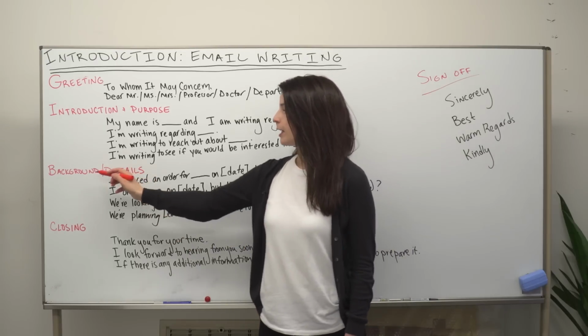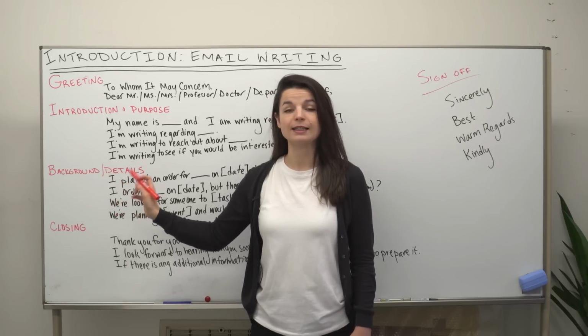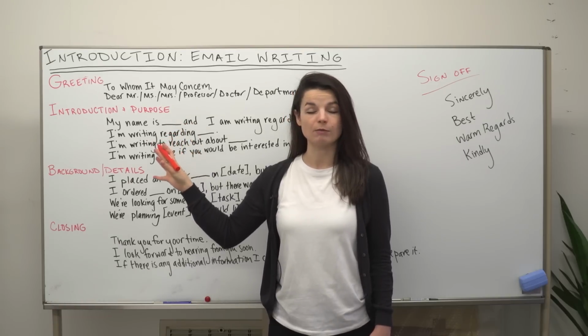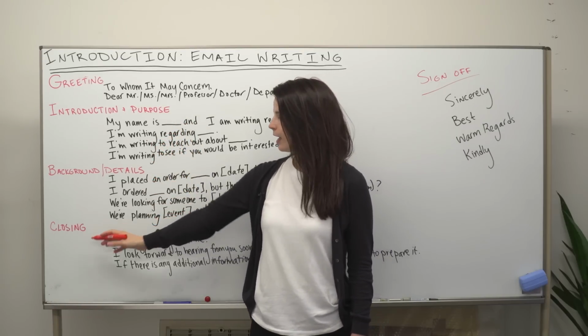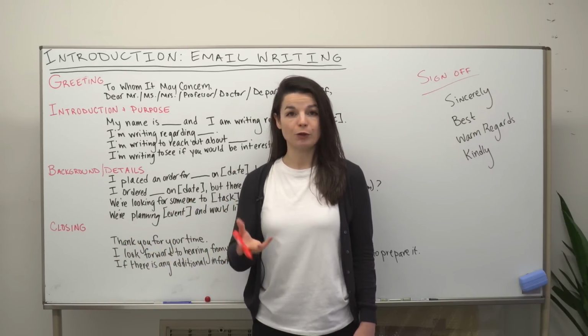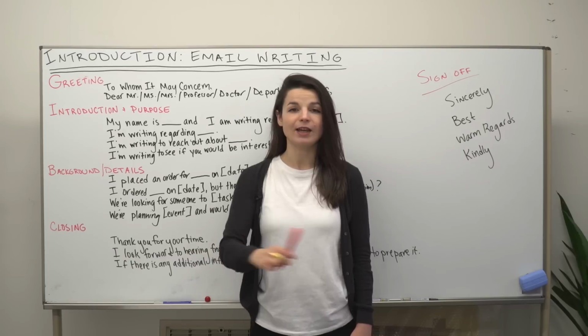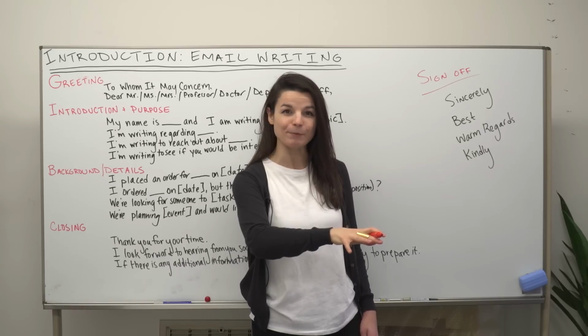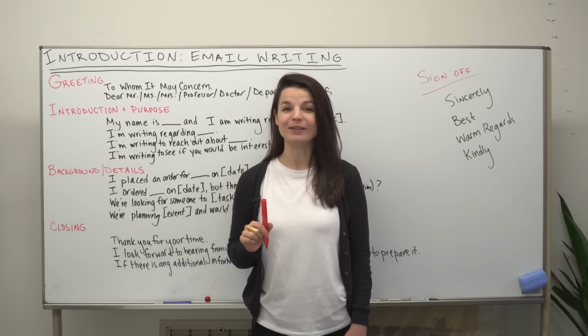Following that will be any background information or any details you need to provide to make the purpose of your email clear. Following that, a closing statement, something to wrap up to show your reader you're ending the message, and then a sign off, which is really the final point before your name in the email. So we're going to talk about these points.